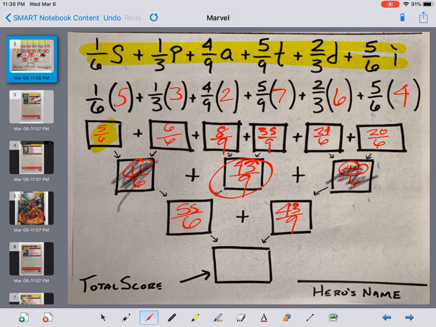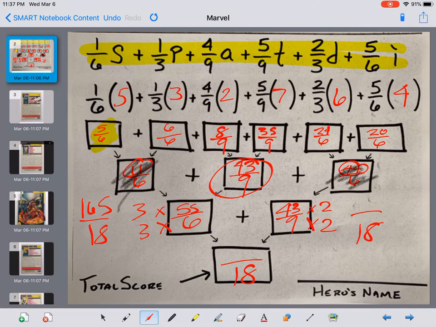Okay, so now I need to find a way to put these numbers together. A common denominator between two of these numbers is 18. And so that's multiplying both the numerator and denominator by 3 to get 18. So my total score will have a denominator of 18. So in any event, 3 times 55 is going to be 165. And over here, I have to multiply by 2 to get to 18.